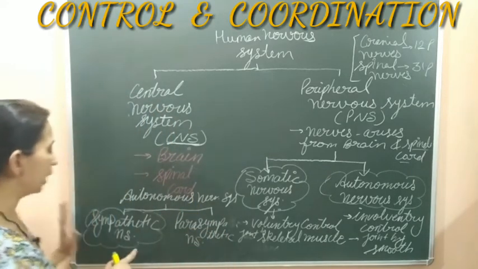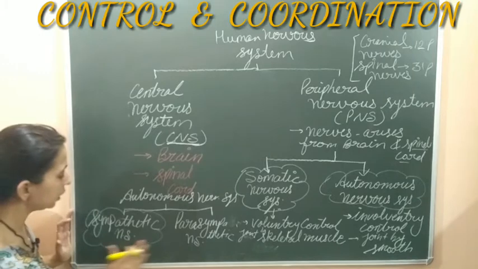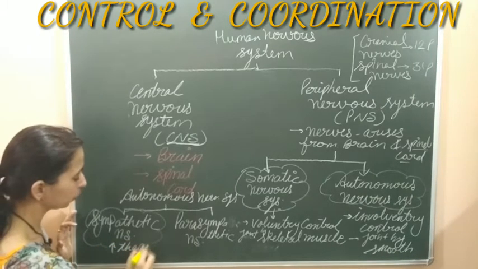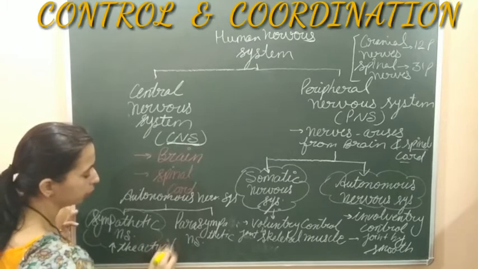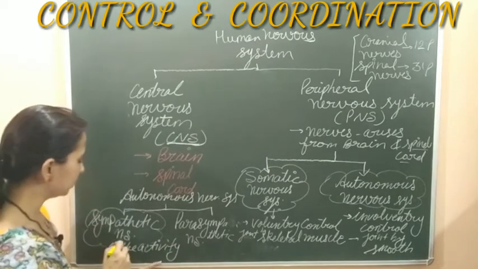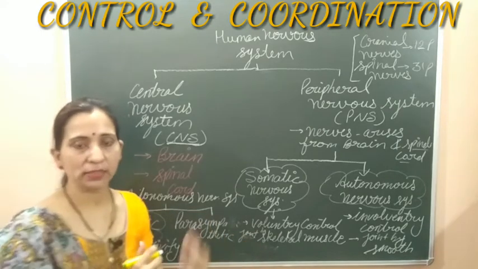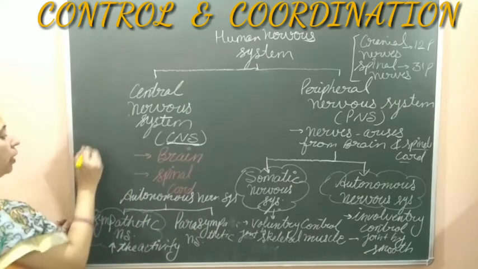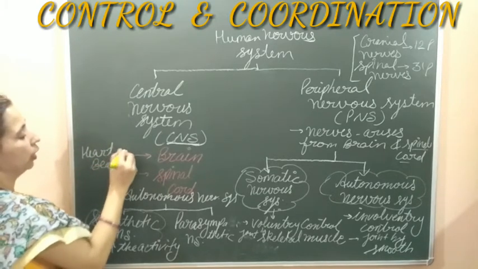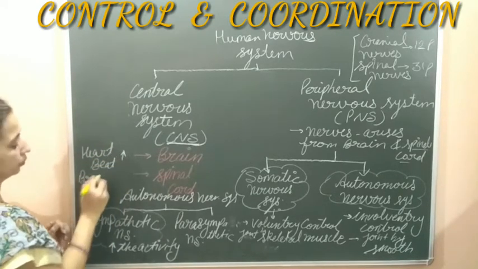So we can say that sympathetic nervous system increases the activity of the body parts or body organs. The example is the same: at the time of exercise, our heartbeat increases. It increases the heartbeat and the breathing rate.